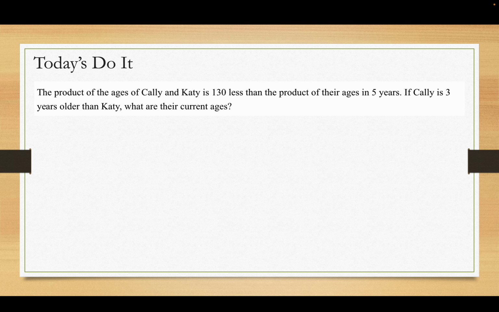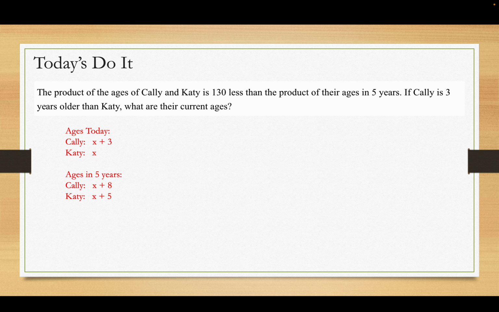Okay, so the ages today, Callie is 3 years older than Katie, so it's x and x plus 3. And then in 5 years, well, then it's x plus 8 because you're adding 5 to Callie. 3 and 5 make 8. And Katie's x plus 5. And then it says the product of their ages of Callie and Katie today is 130 less than the product in 5 years.